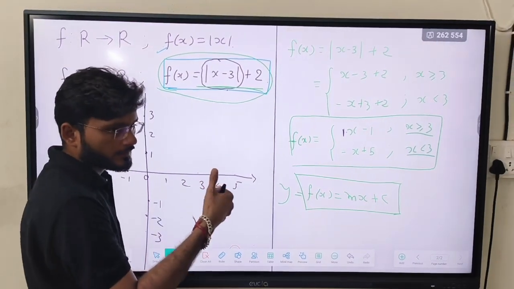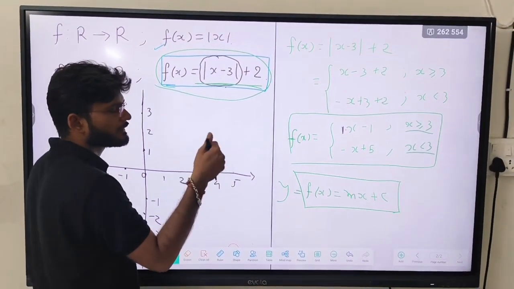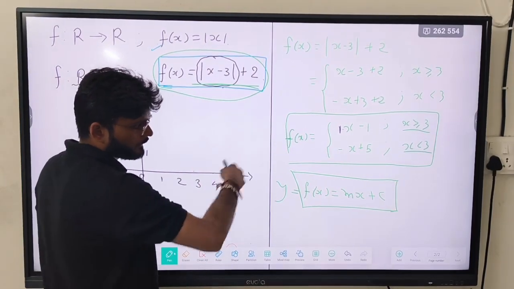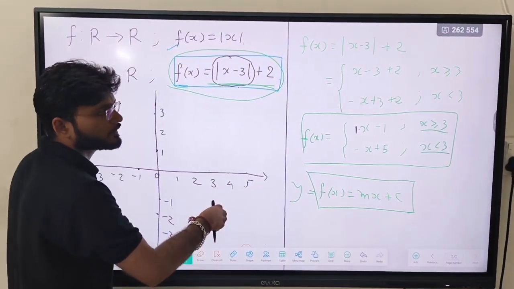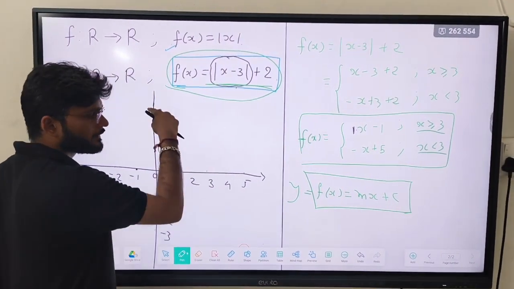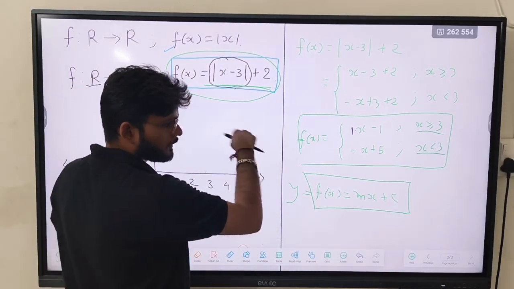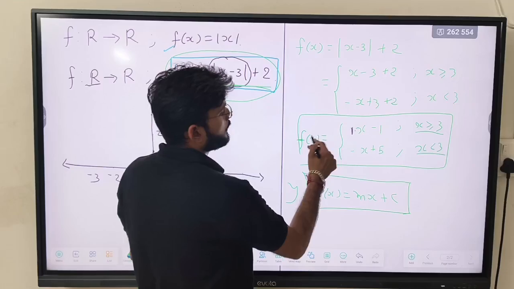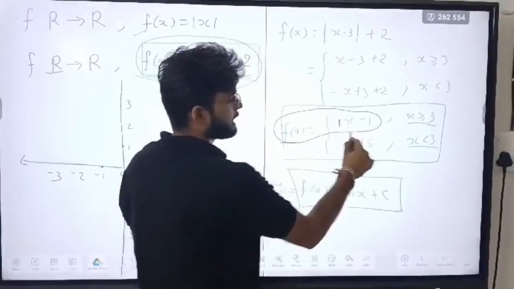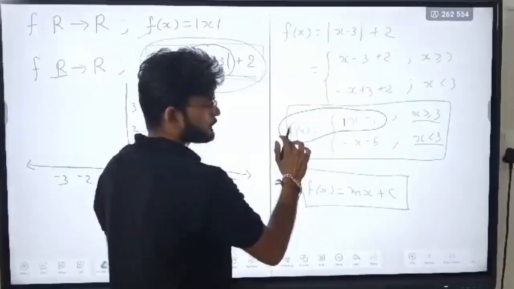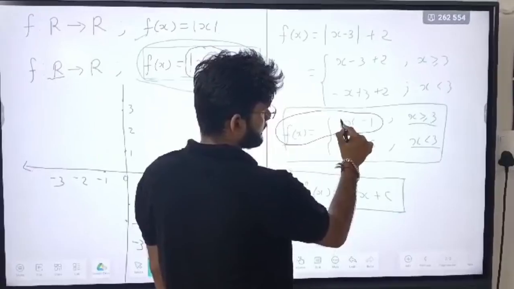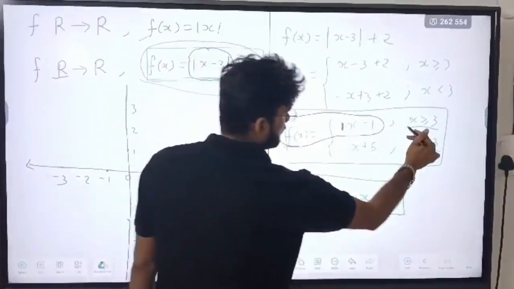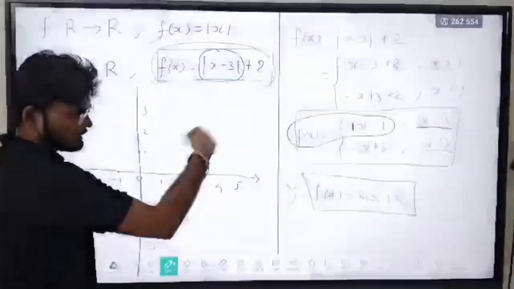We already know that if the slope of a straight line is positive, then the graph of the line is of this kind, and if the slope is negative, then the graph of that line will be of this kind. So here, for this part we can consider it as a function of a straight line y equal to mx plus c, and the slope is positive. So the graph of this function for these values of x will be of this format.